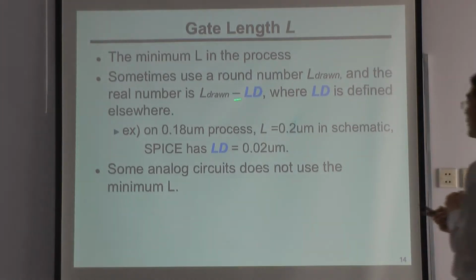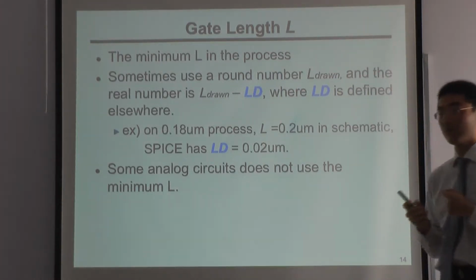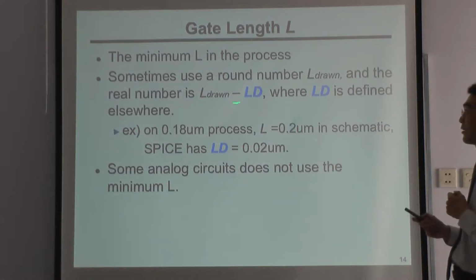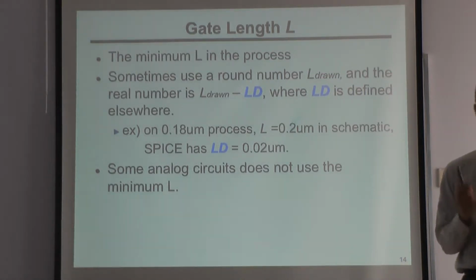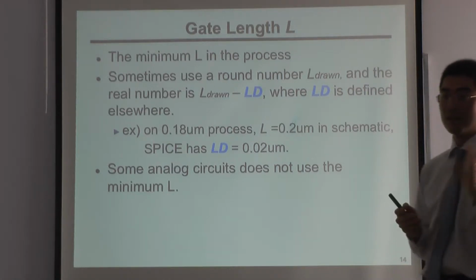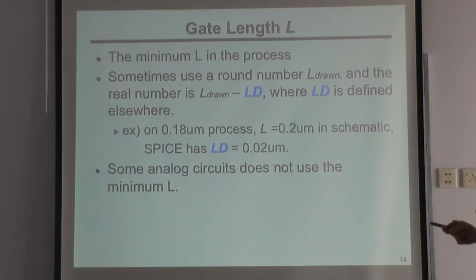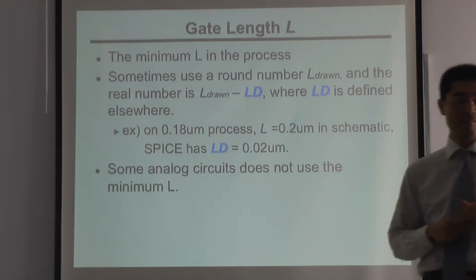And so L drawing is 0.2, and we have another parameter called LD as 0.02. So in the SPICE simulator, we specify L equals 0.2 on schematics, and we give another parameter LD, so that in the SPICE simulation, it simulates as 0.18.